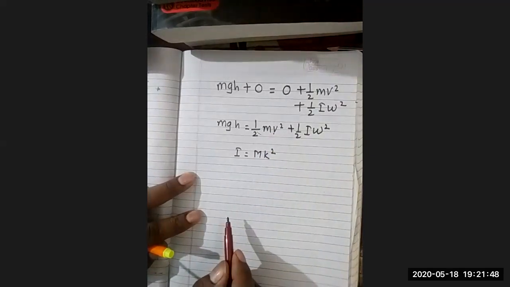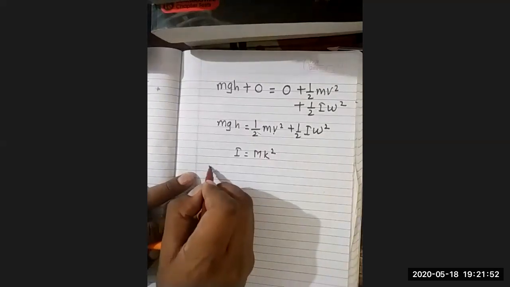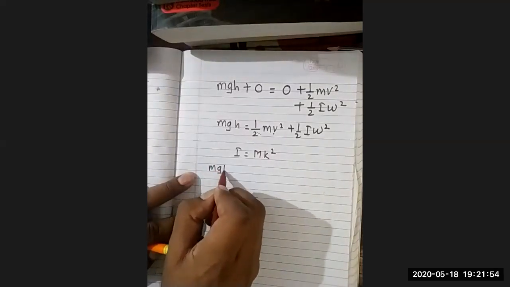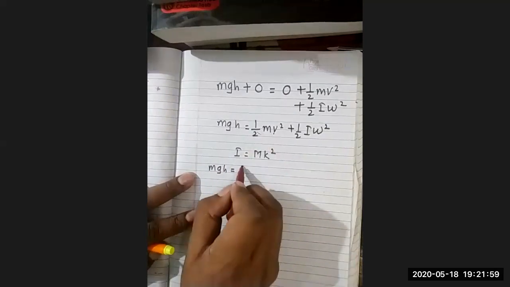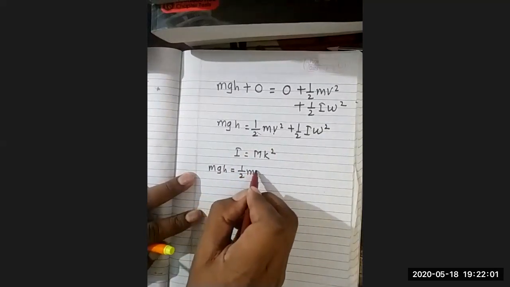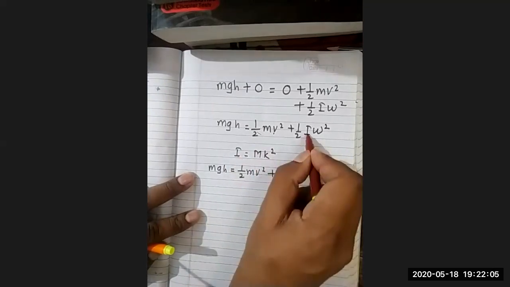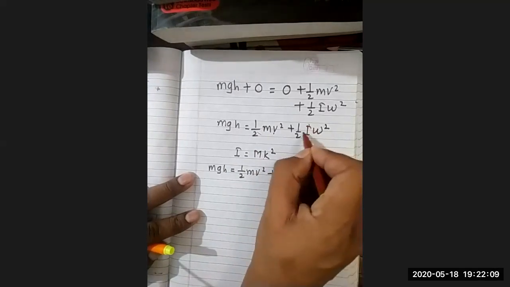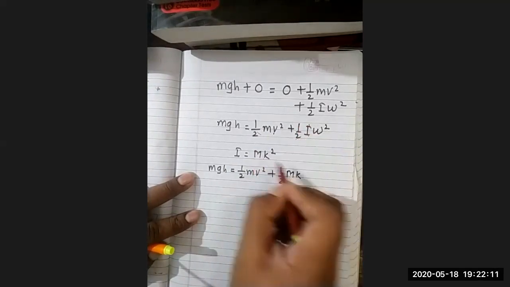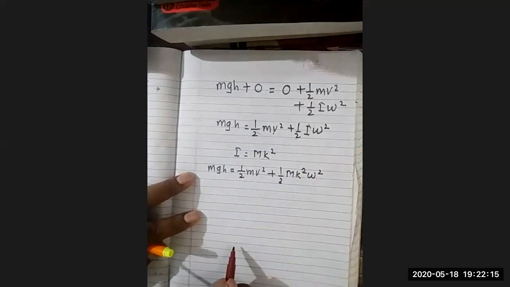So mgh I'm keeping as it is, and we can place the h value a little later, plus 1/2 mv² as it is, plus 1/2, instead of I, I'm going to place mk² into omega squared as it is.